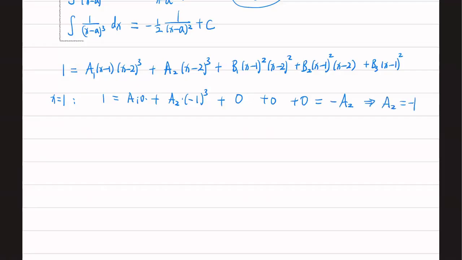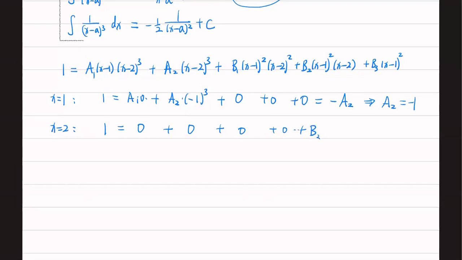The second one, x equals 2. 1 equals 0 for the first terms, and we get B3 times 1 squared, so B3.